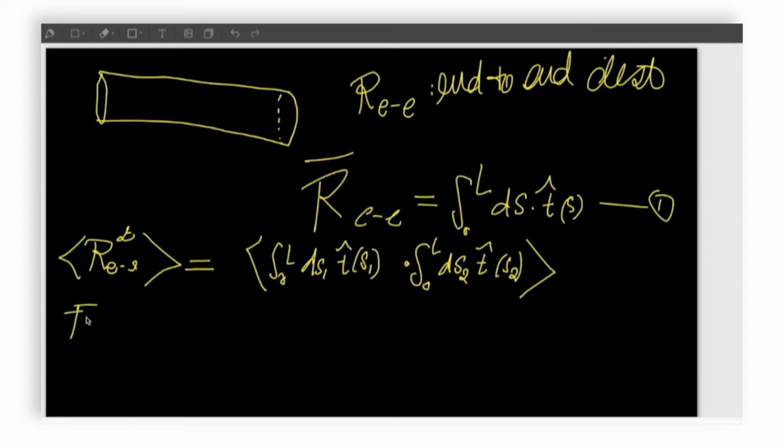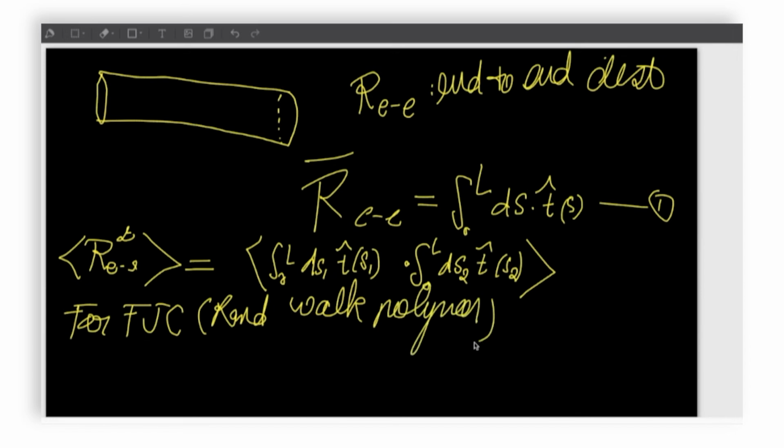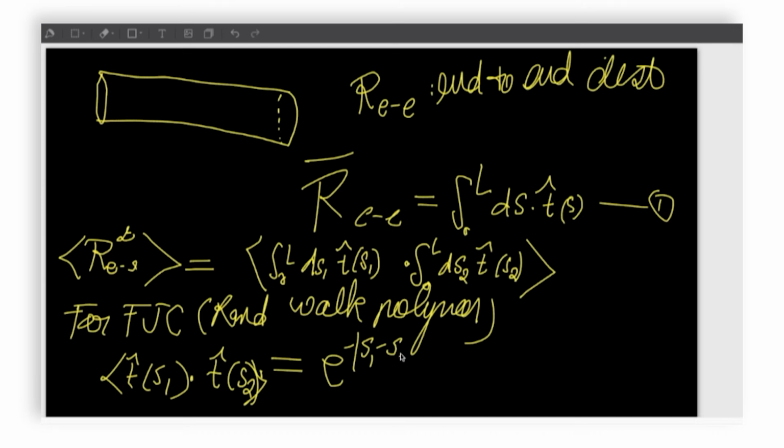So for a freely jointed chain or random walk polymer, the correlation of the tangent vectors t(s1) times t(s2), we said by definition, is equal to e to the power minus the magnitude of the difference between the two segments divided by Cp in negative exponential terms.